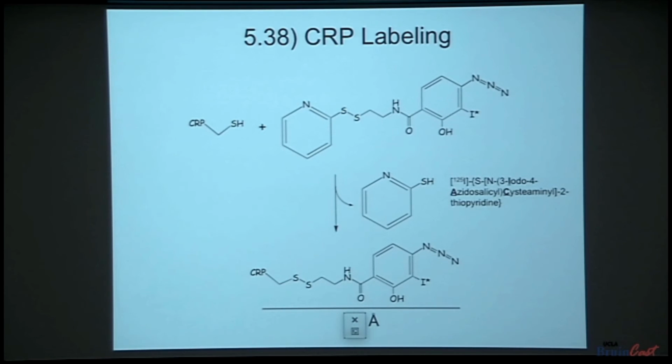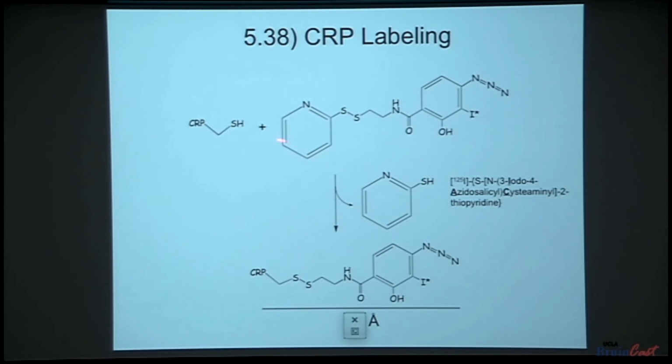The important modifications to the salicylate residue are that we have this azido group here, this N3 group here. Another important modification is that we have an iodine here, and the iodine that's installed here is I-125. It's a radioactive isotope of iodine. So this asterisk here just means we have a radioactive isotope of iodine.